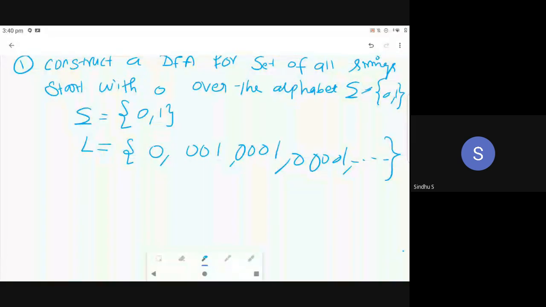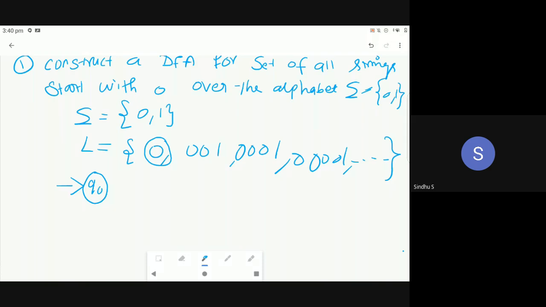Listen to me carefully. I'll take the minimal case. Always have a state diagram for the minimal case and try to extend it for all the other inputs in my language. And one more thing, the naming inside the state is purely user defined.